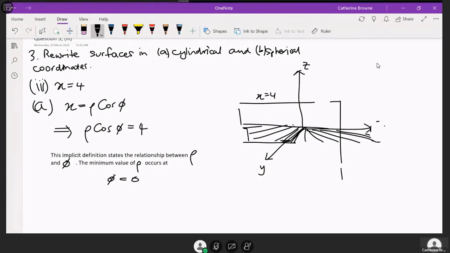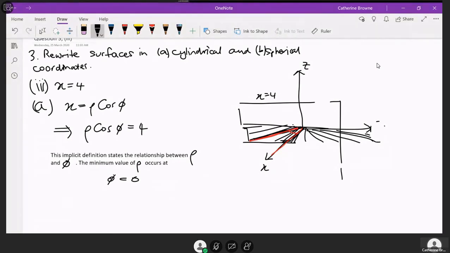So, the length of this is my rho, and how to represent this point on the plane, the length of that is my rho, and then the angle here, this is the x axis, and so that's my angle phi in between there.